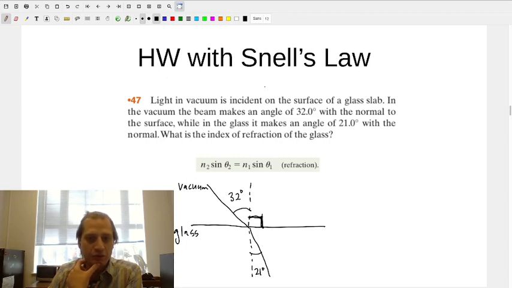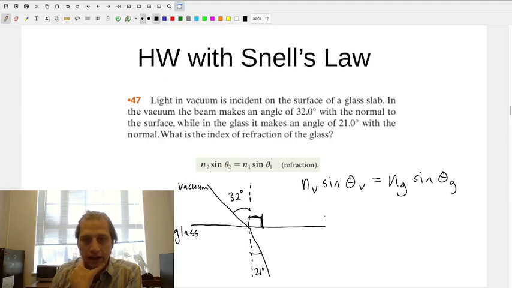What is the index of refraction of the glass? Well, here I have n of the vacuum times sine of the angle in the vacuum equals n in the glass times sine of the angle in the glass. So, in the vacuum, I know what the angle is. What would the index of refraction be in the vacuum? Well, v equals c over n.